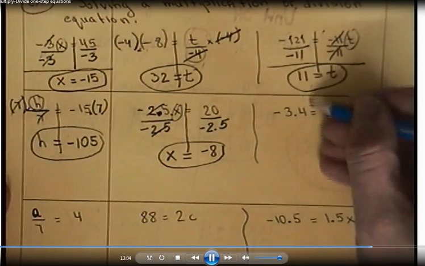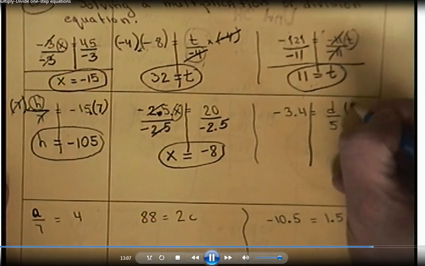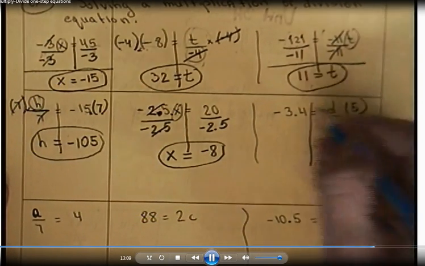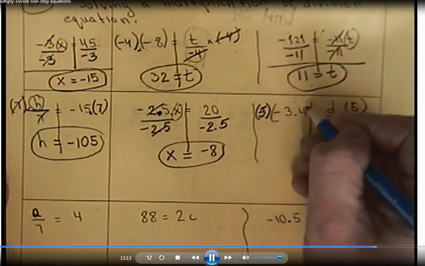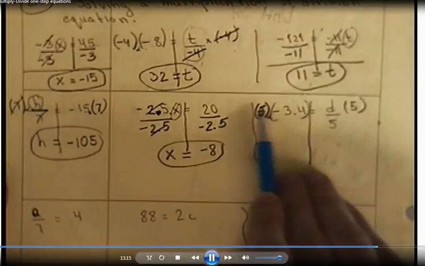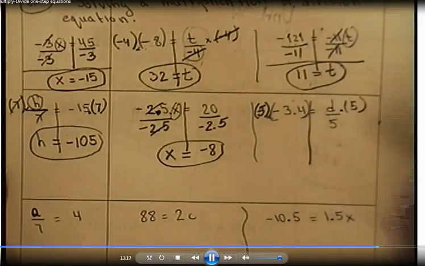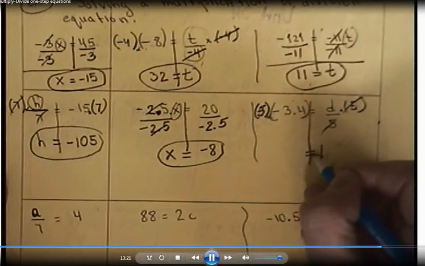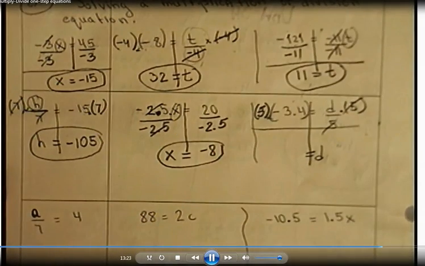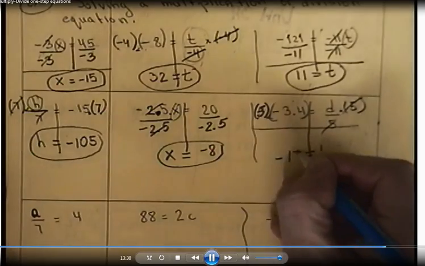So we are back checking. We're going to multiply by 5 on both sides here. Again, we multiply, we don't subtract. Remember, the opposite operation is multiplication. Those two cancel, so d will be equal to, I'm going to type on my calculator, 5 times negative 3.4, and the answer is negative 17.